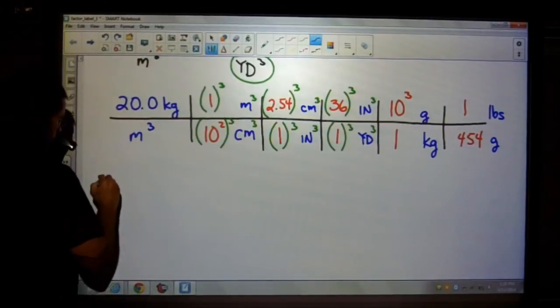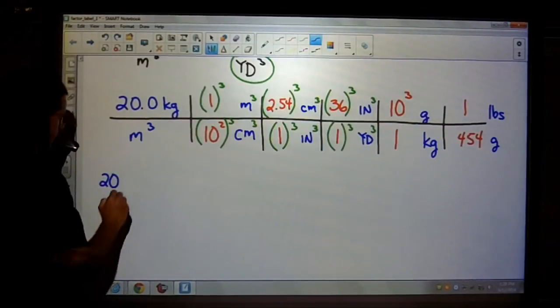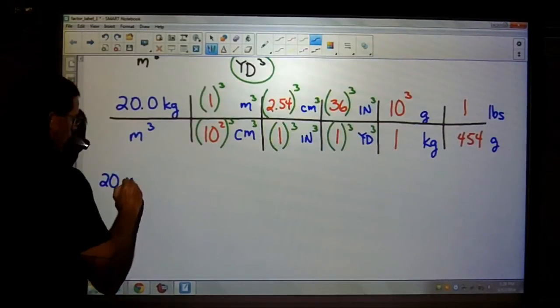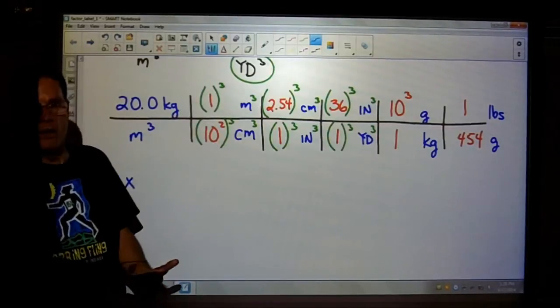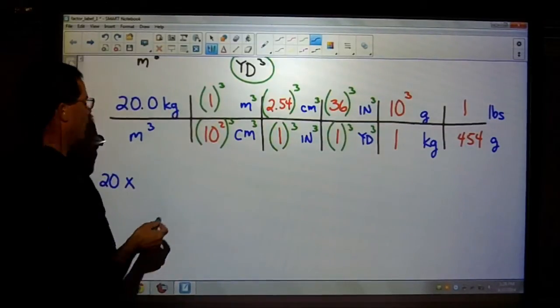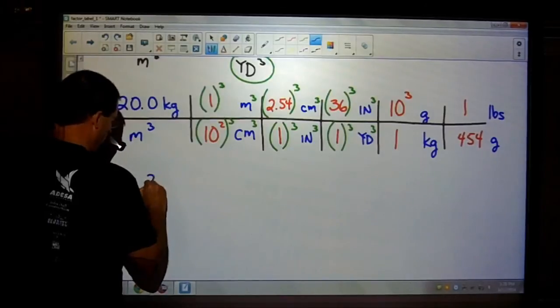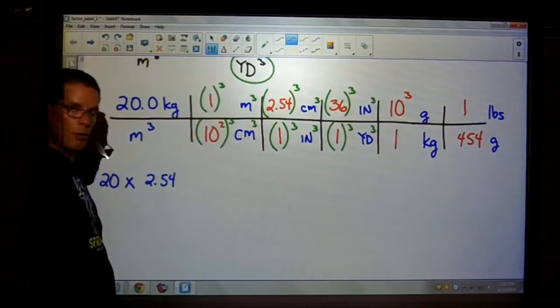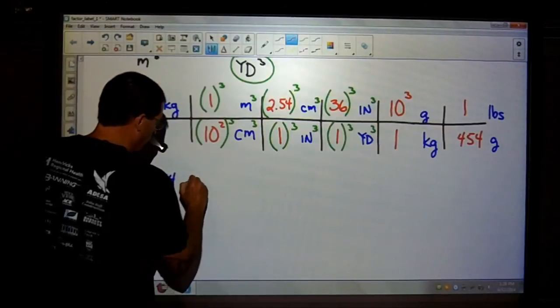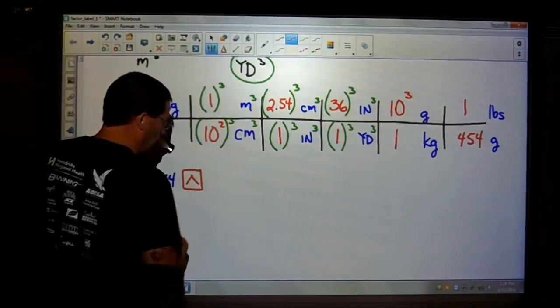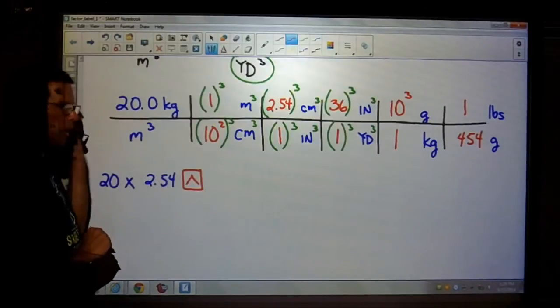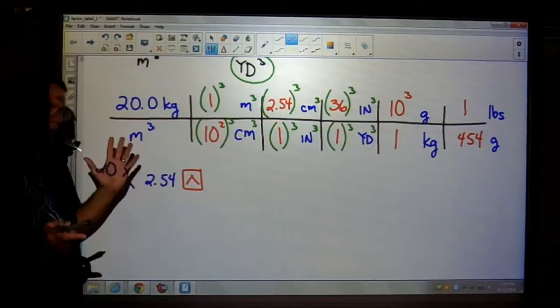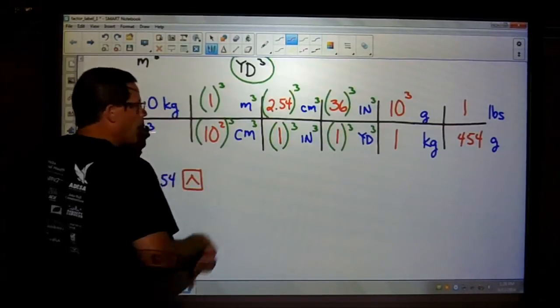So 20 times, I'm not going to do 1 cubed because 1 to any power is still 1. 2.54. I'm going to use the caret button here because not many of you have cube buttons. So caret looks like a rooftop. It's usually located on the left side of most calculators, but again, search for it.